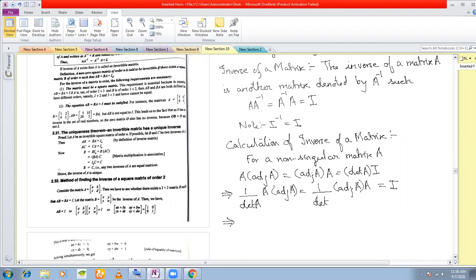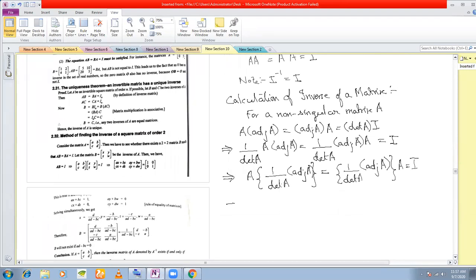Since determinant of A is nothing but a number, you can write this as A into 1 by det A into adjoint of A is equal to det A... you can write this as 1 by det A into adjoint of A into A is equal to I. That means this part under the curly brackets, you can write as another matrix, the inverse, where inverse is equal to 1 by det A into adjoint of A. Understood?